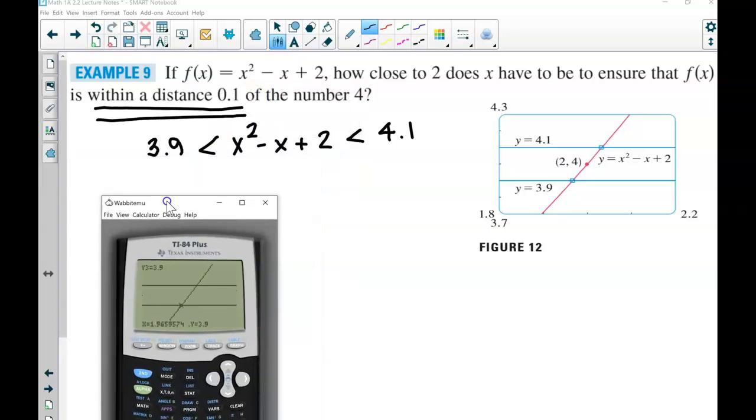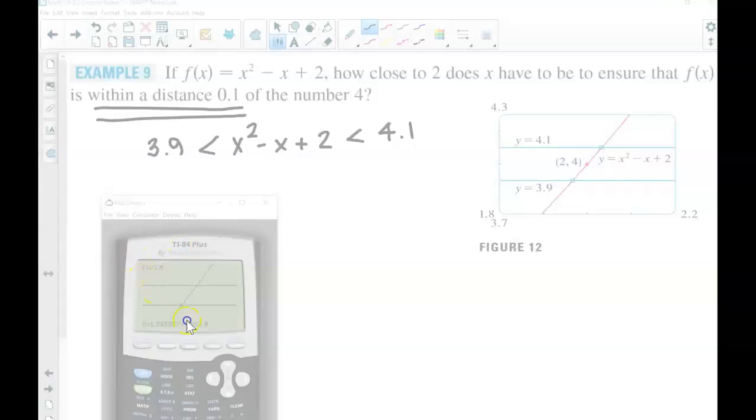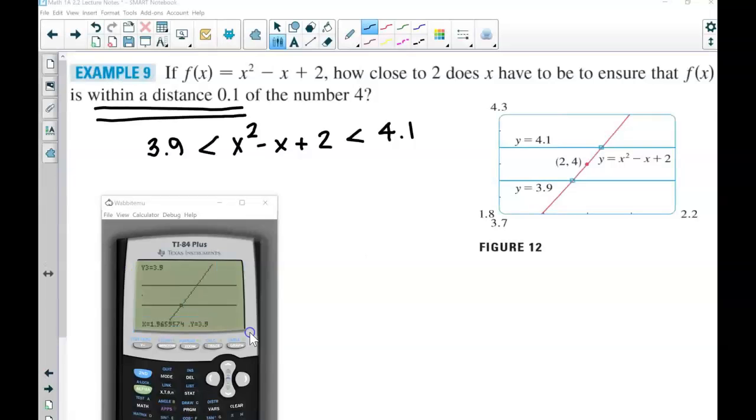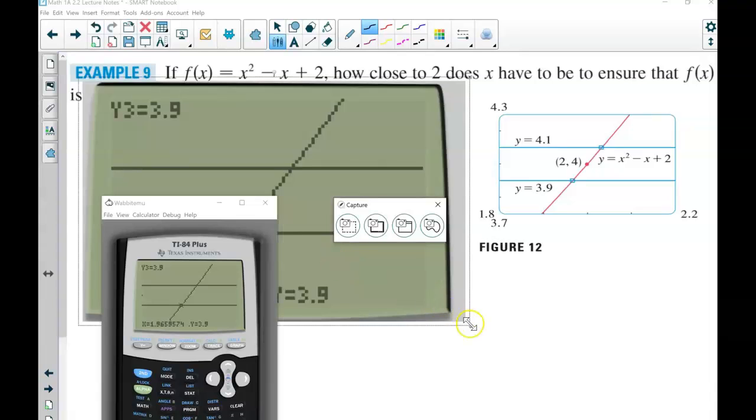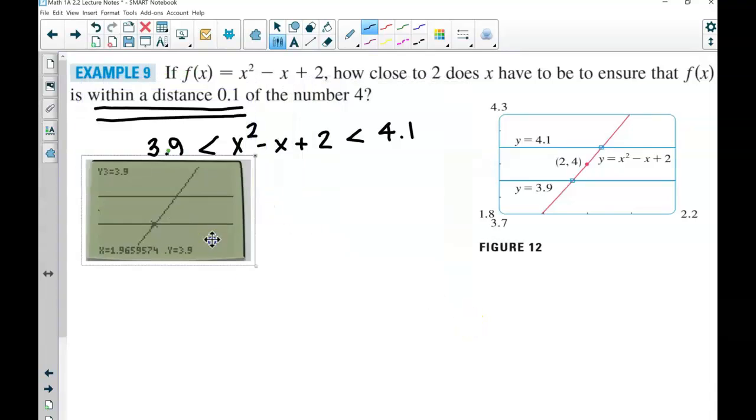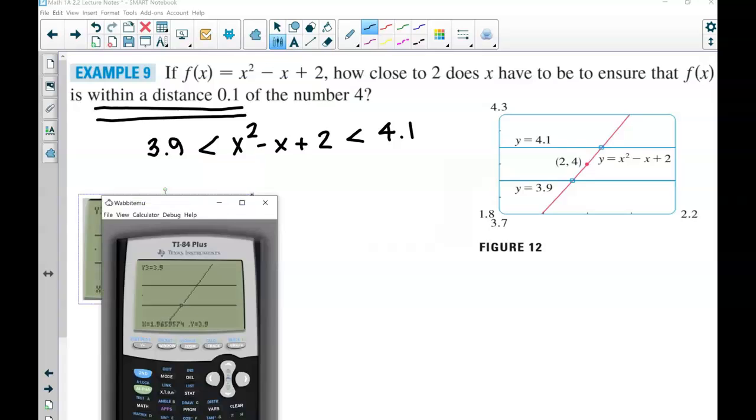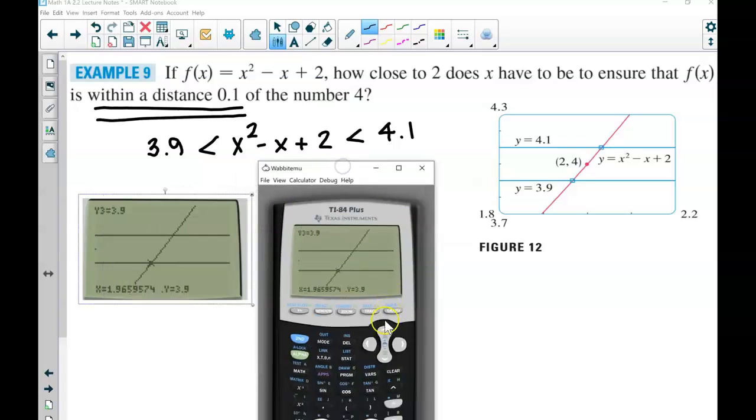Well, we can see that, and I'll go ahead and copy that here by using our trace button. And then let's do the other horizontal line and go to the right here. And we can see that the point of intersection there is 2.032.